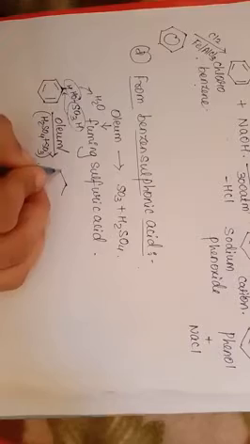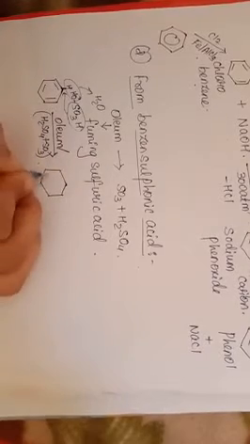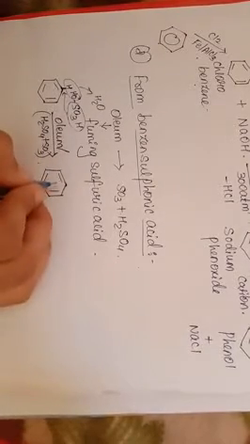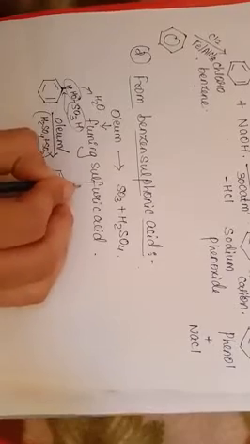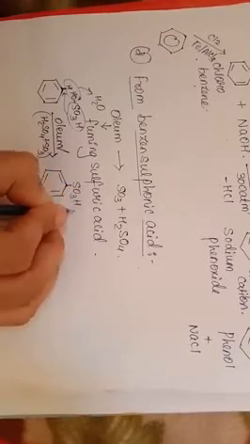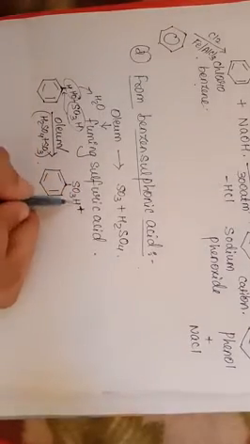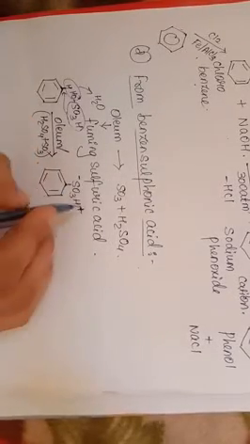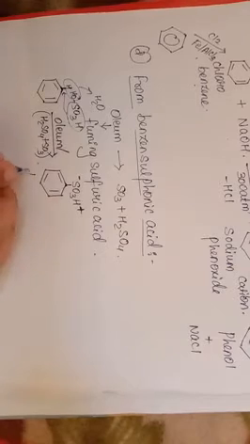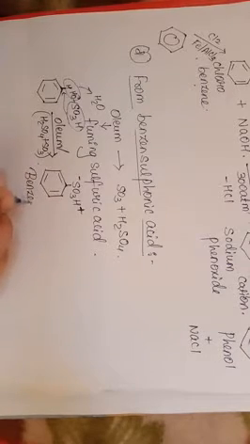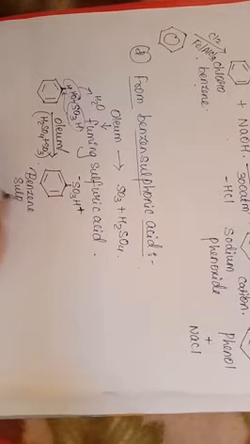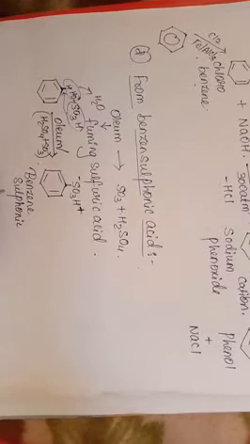So you will get here benzene sulfonic acid, that is SO3H. Now you know that this H plus is an acidic hydrogen. This is SO3 minus. So this is making it unstable. Benzene sulfonic acid.